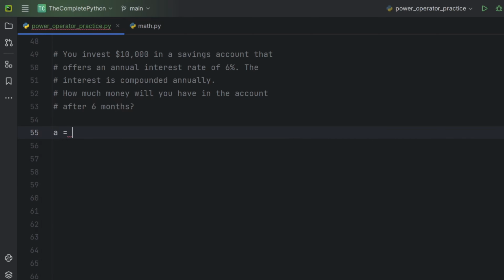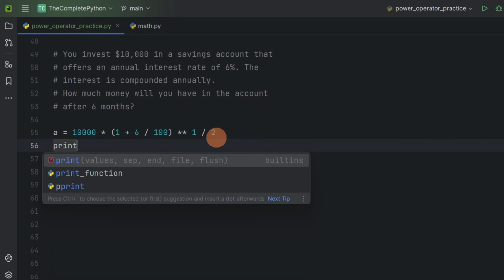So let's store the amount. Here our principal, it is $10,000 multiplied by 1 plus rate of interest, it is 6 divided by 100 and the whole power time. Now notice we have to calculate the amount after 6 months. In 1 year we have 2 six-month periods, so the time will become 1 by 2.